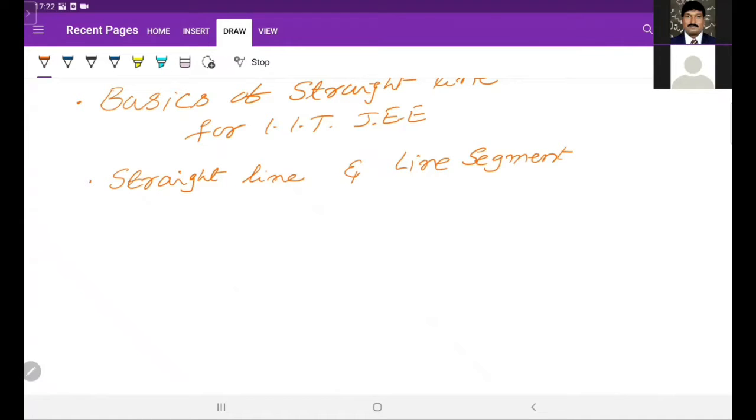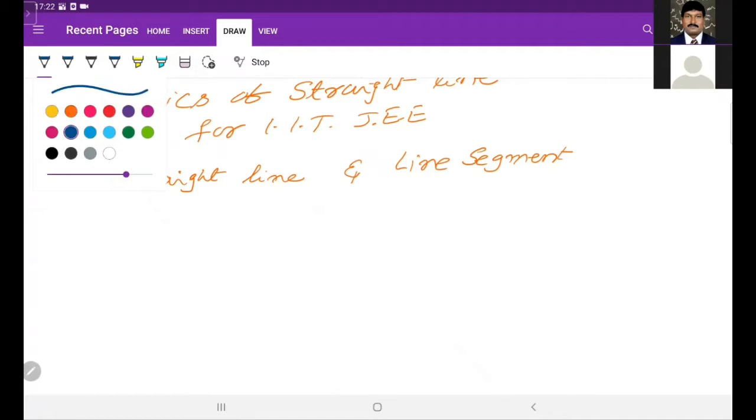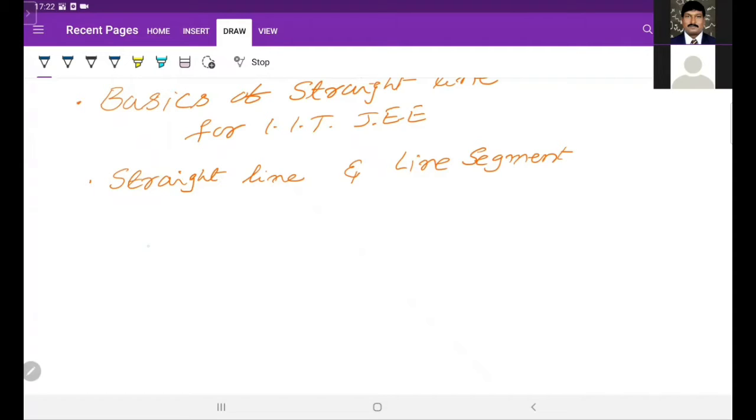What is a straight line and a line segment? What is the difference between them? Suppose here it is, see, this is a line that ends continuously going on. Understand? This is the straight line.